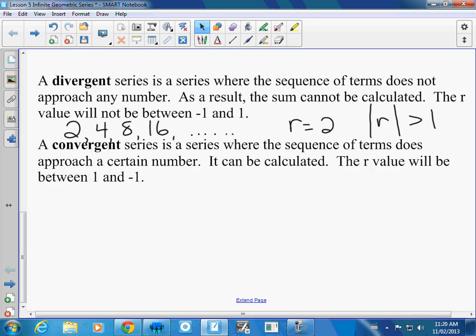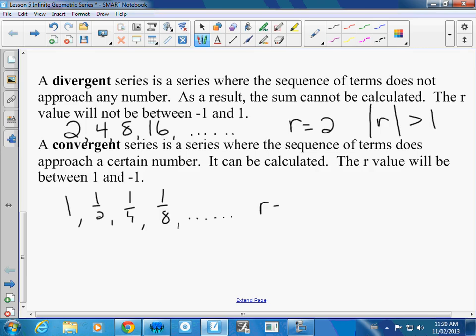Okay. So a convergent series is the opposite. 1, a half, a quarter, an eighth, and so forth. What's the R value for this one? Half. So R is half. So look at this.